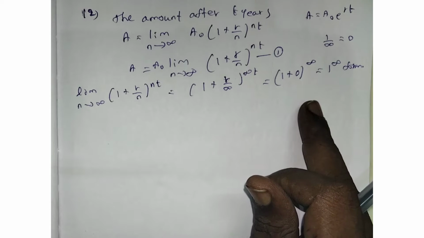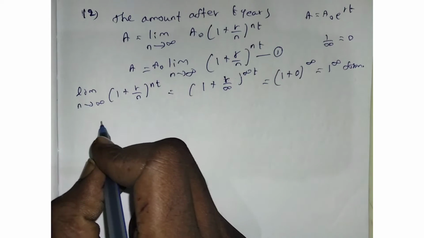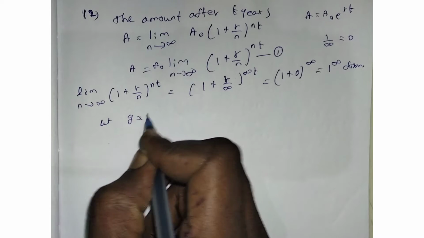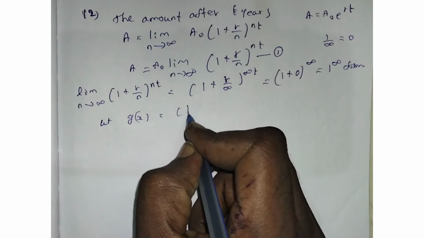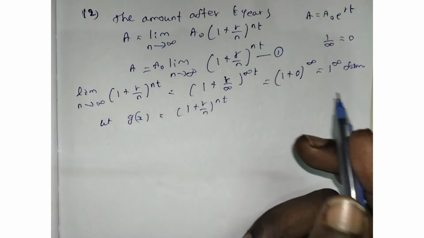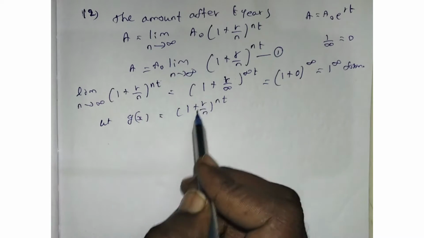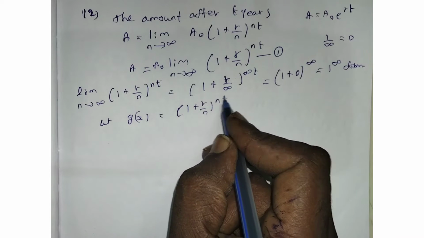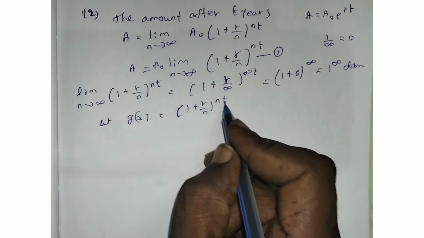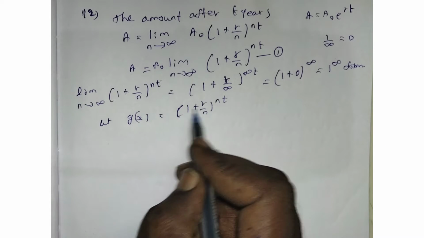Before L'Hopital's rule, we are going to assume a function. Let g of x equal (1 plus r by n) the whole power nt. Take that function alone as g of x. Now you want to bring the nt from the power down as a multiple, so you take log on both sides.